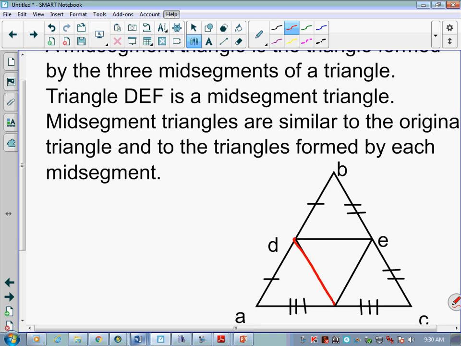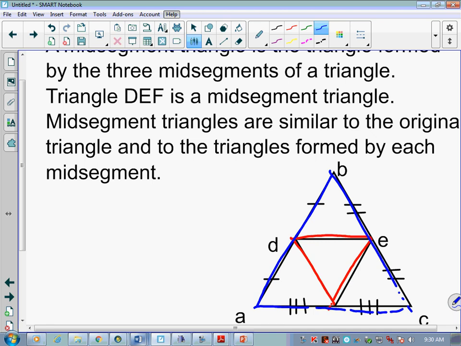This DEF is proportional to this triangle right here. Remember, what should the proportion be? Triangle DEF should be exactly 1/2 of triangle ABC, because DE is half of AC.